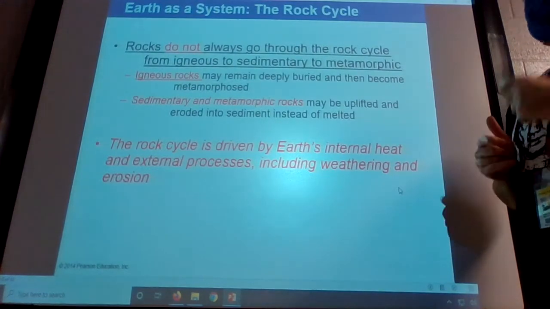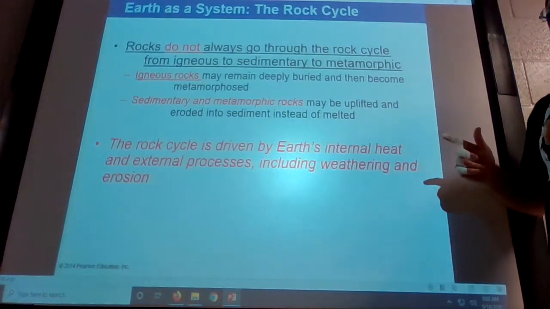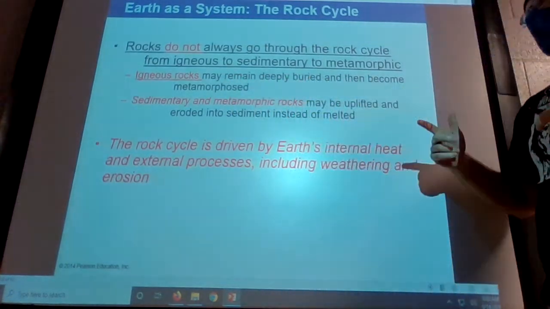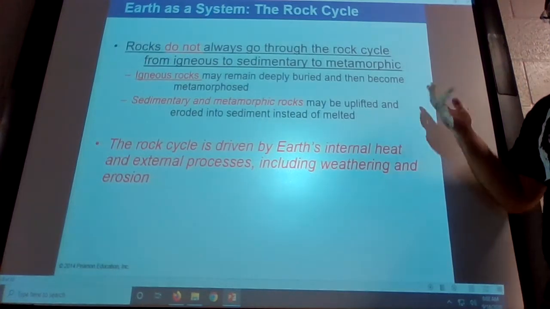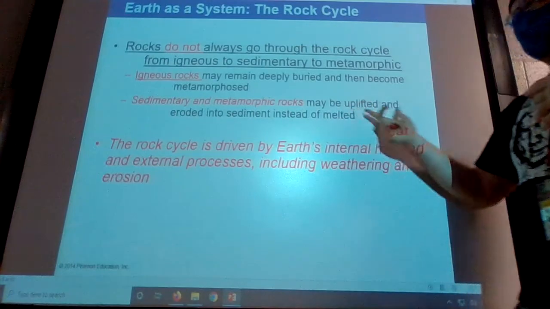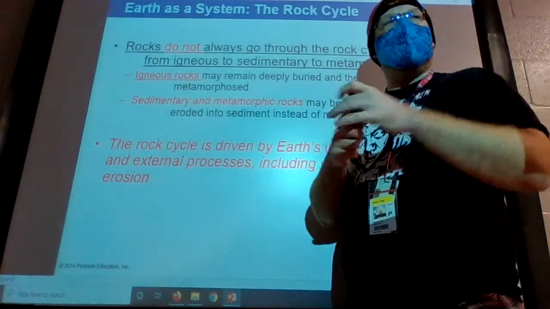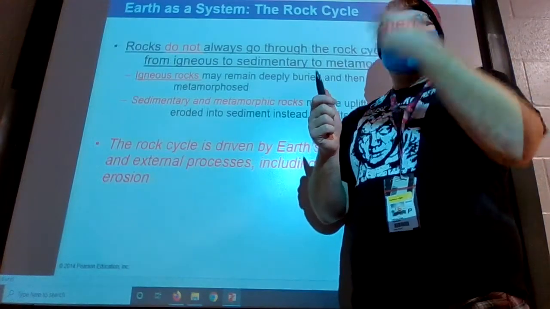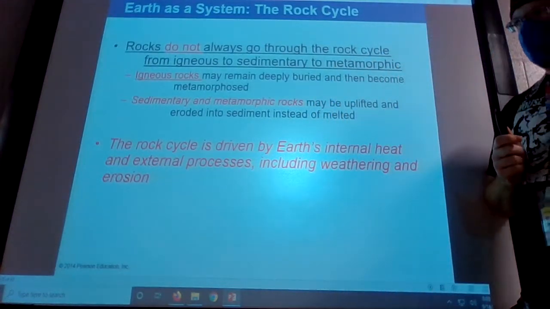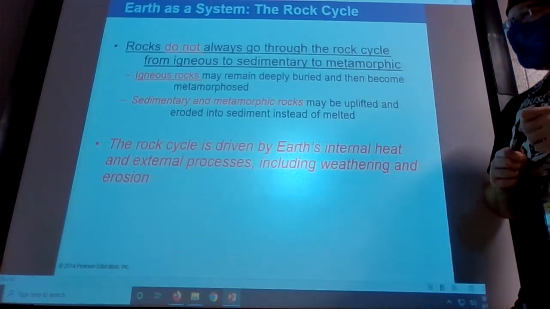Okay, so as I said, they don't always go through the rock cycle in a nice cycle. A lot of igneous rocks do remain deeply buried, never become metamorphosed, never become sedimentary rocks. Sedimentary and metamorphic rocks may be uplifted and turned into other sediments. So you can have a sedimentary rock go through the sedimentary cycle multiple times and be eroded, turned into another sedimentary rock, eroded again, turned into another sedimentary rock, over and over.